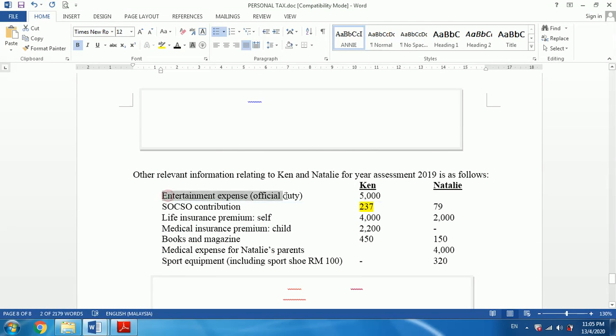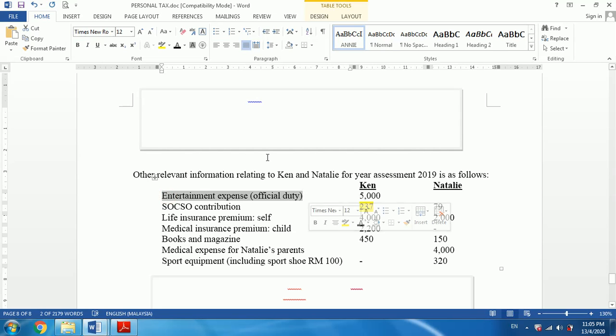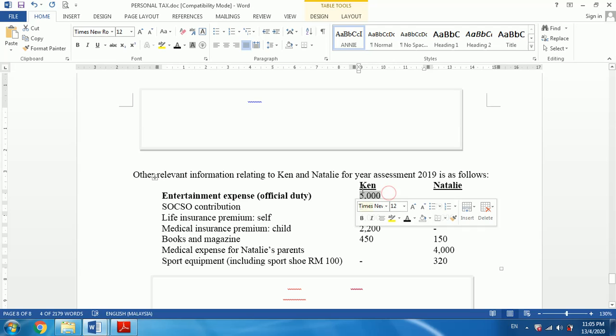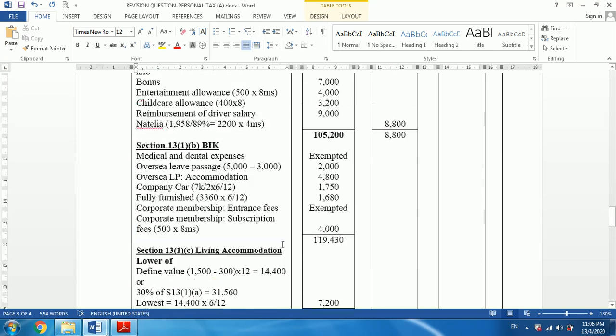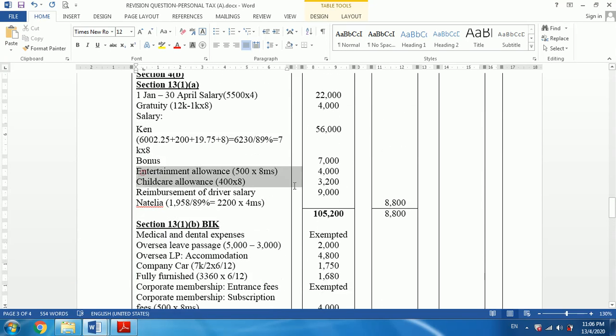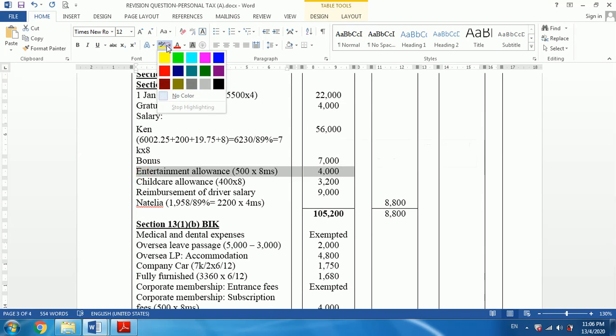So in your expenses part, we will see that CAN actually contributes entertainment expenses for official duty of 5,000. So this is actually a deductible expense, but for entertainment expenses there will be a restriction. It restricts to the entertainment allowance. So check back in your 13(1)(a). If you still remember, there is one entertainment allowance which is 4,000 recorded by us.